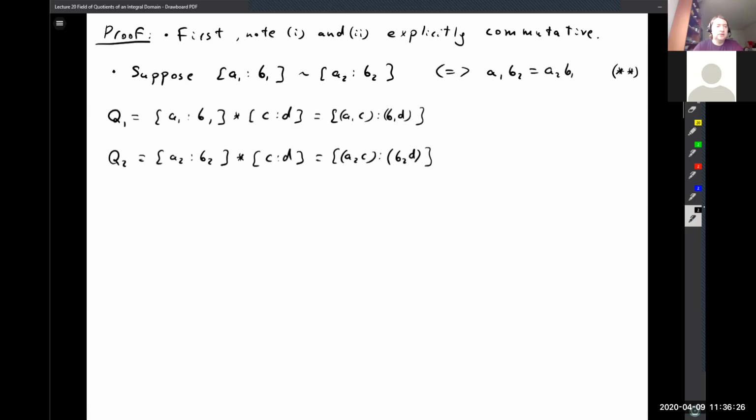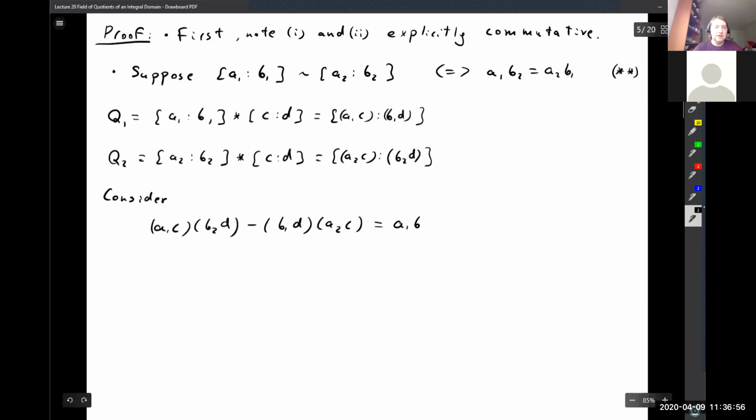Okay, so let's look at the following expression. Let's look at A1C multiplied by B2D, and let's subtract B1D multiplied by A2C. We can definitely factor C and D because R is commutative.